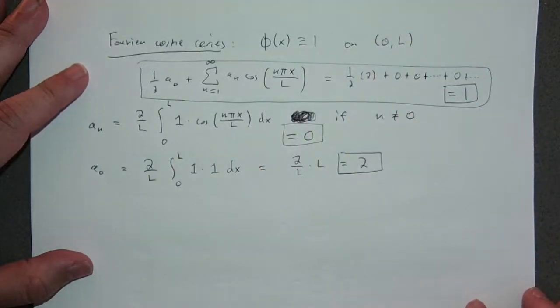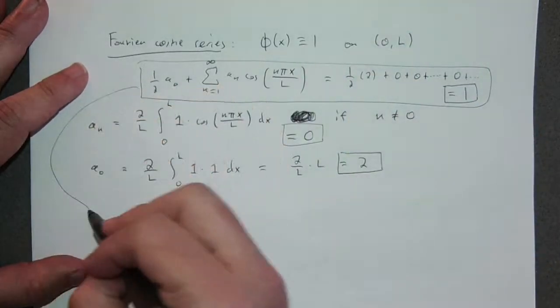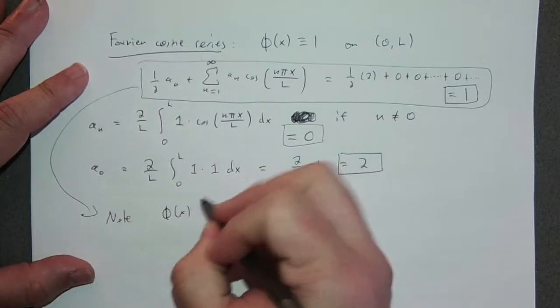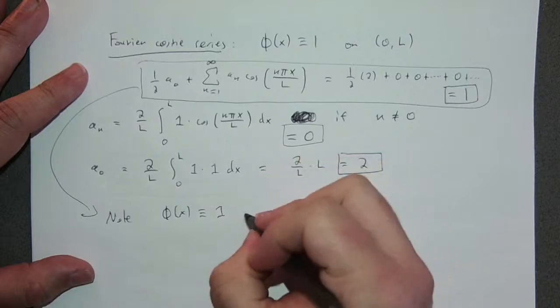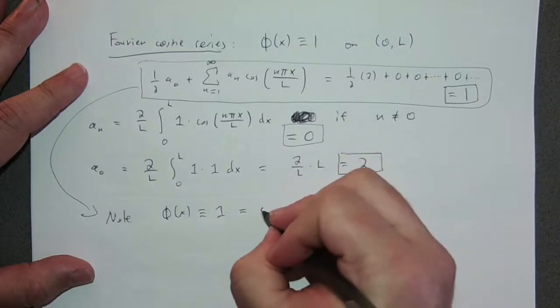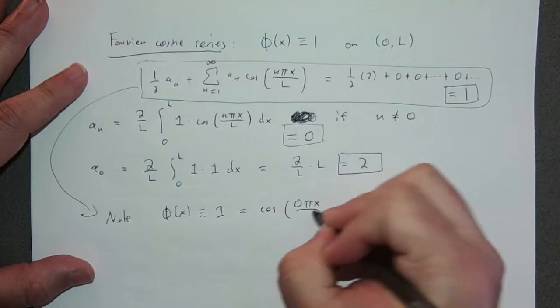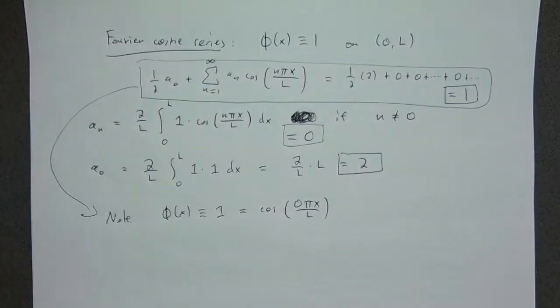But why? Note that phi, which is 1, is exactly the same as cosine of 0 pi x over L. These things are exactly the same. So what's the deal there?